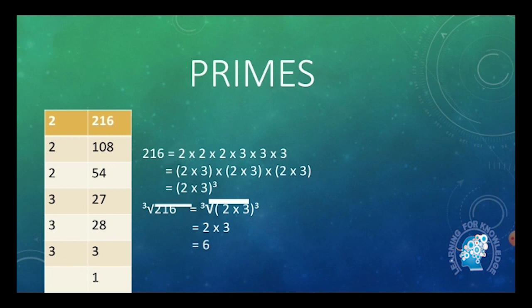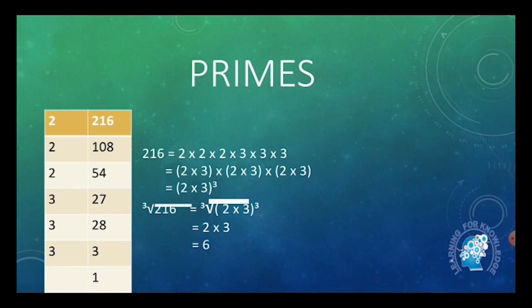Okay, so in this case, when we are finding the cube root, we will arrange all the prime numbers into 3 equal groups. As we learned, if we multiply 3 equal numbers or groups, they can also be written as one group to the power of 3, or 2 multiplied by 3, cubed.